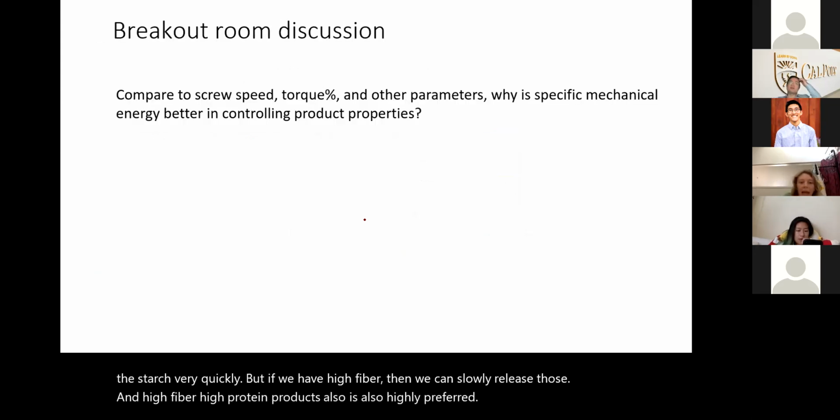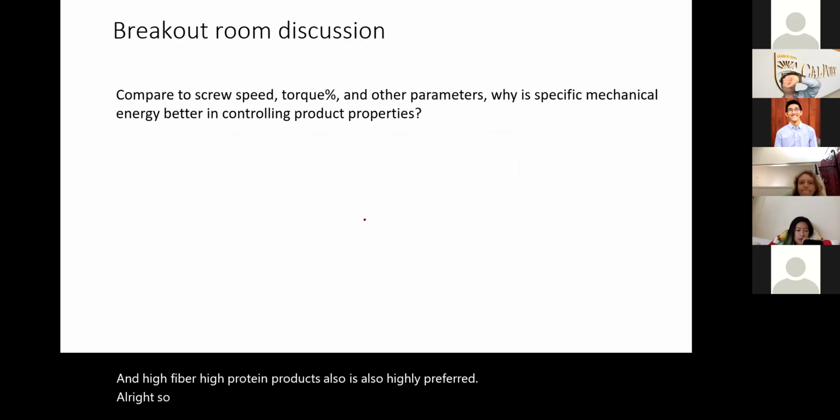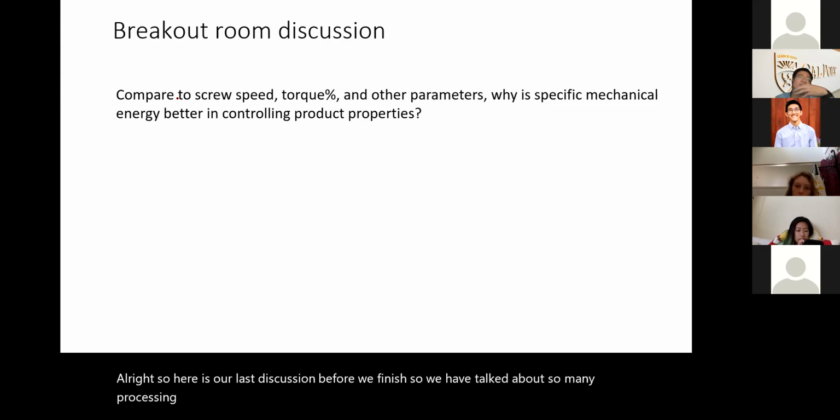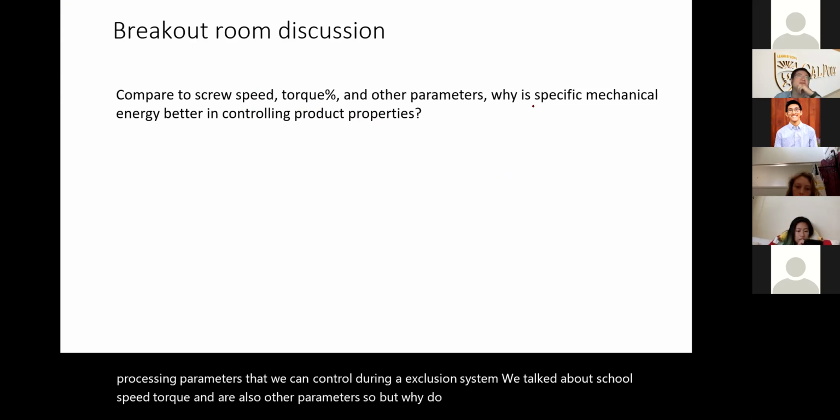All right, here's our last discussion before we finish. We have talked about so many processing parameters that we can control during an extrusion system. We talked about screw speed, torque, and other parameters. But why do we specifically use this terminology to control our system?